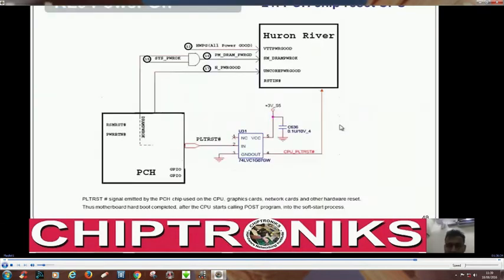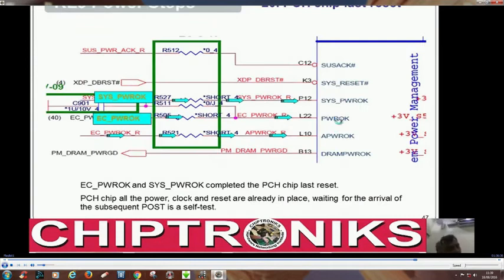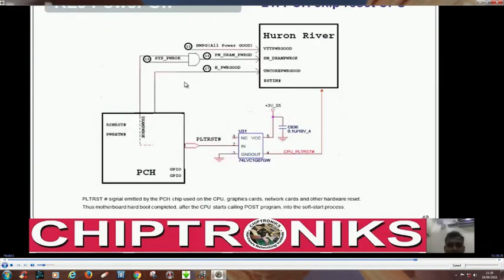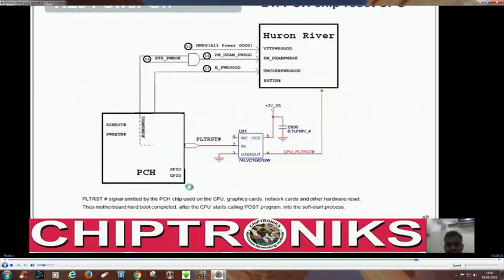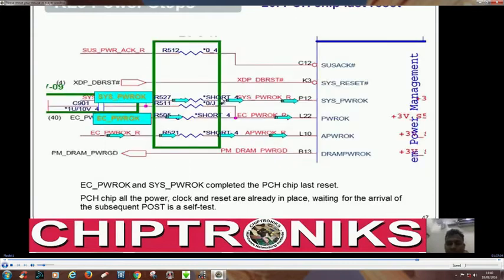And after, you can see, these are fed, and then this PCH will generate PLT reset, right? This is very important. The PLT reset would be generated by the PCH, and that would go to the CPU to reset the CPU.